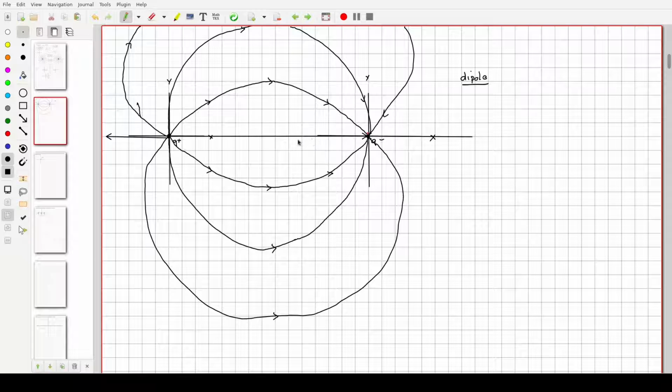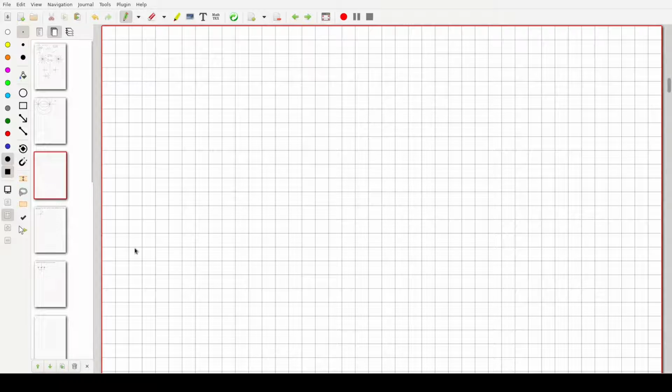Okay. So that said, let's keep on keeping on here, and let's talk more about charge distributions. So we had another page here. Like I said, there are discrete charge distributions and there are continuous charge distributions.